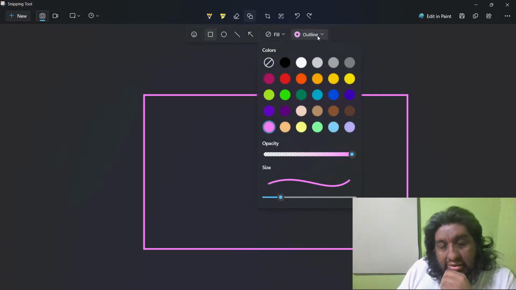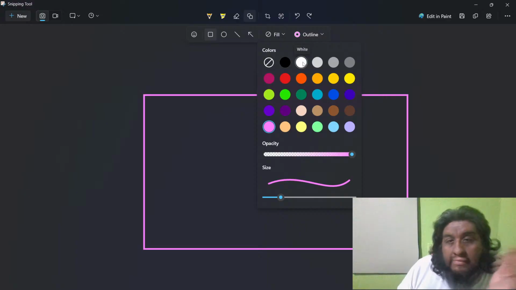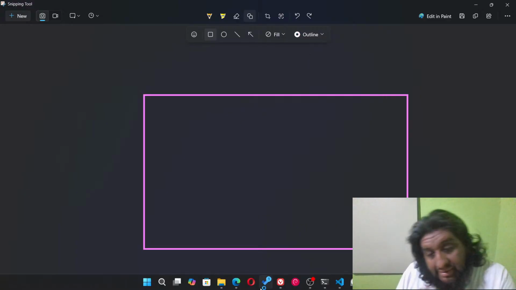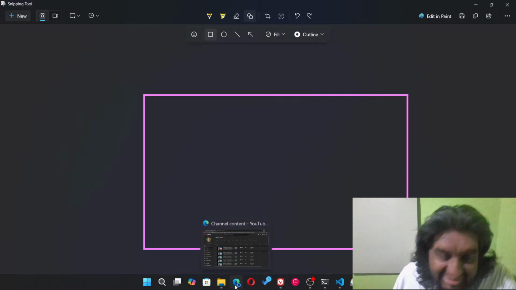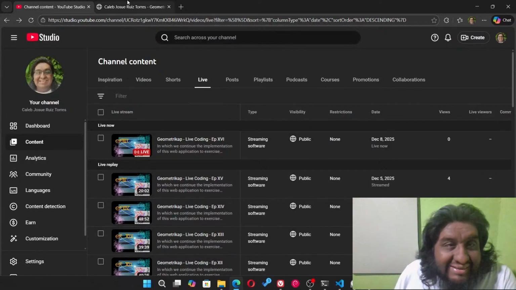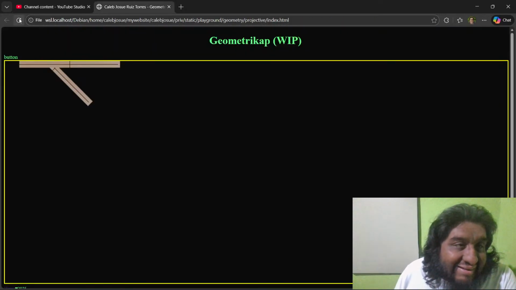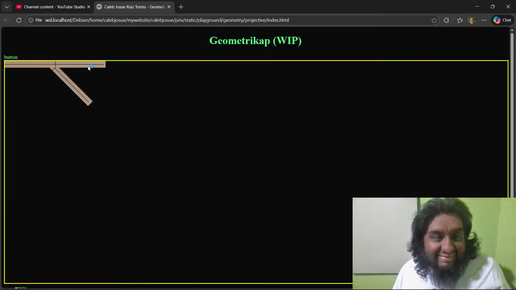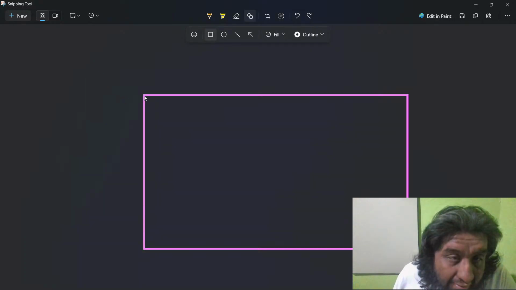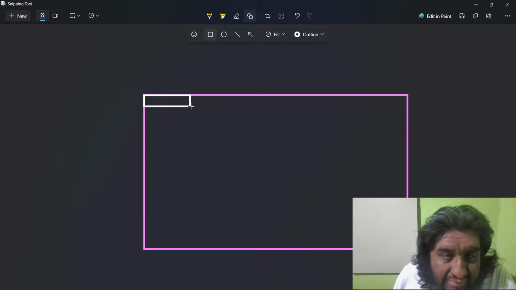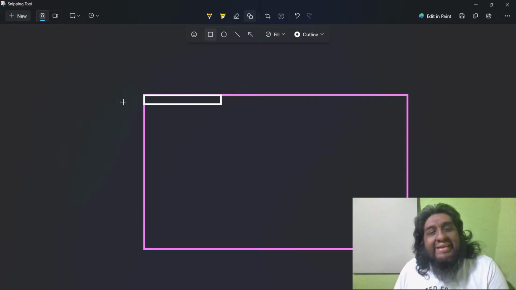Then we can draw our thing, our threaded edge. Where is this thing? Here it is. We're going to draw it exactly as it is. All right.